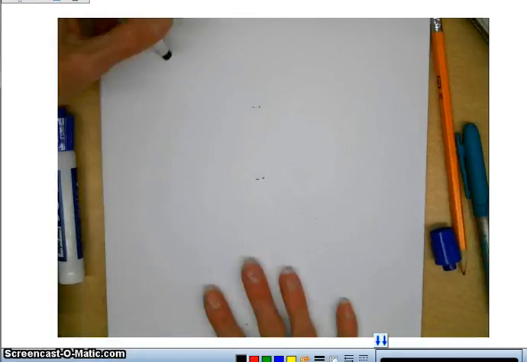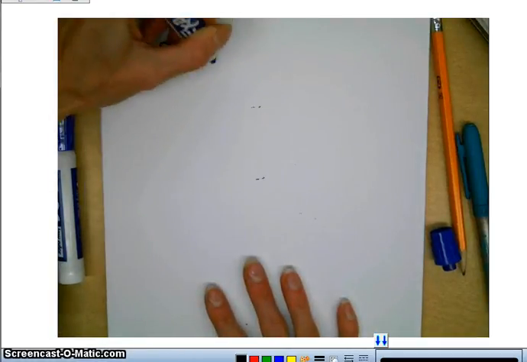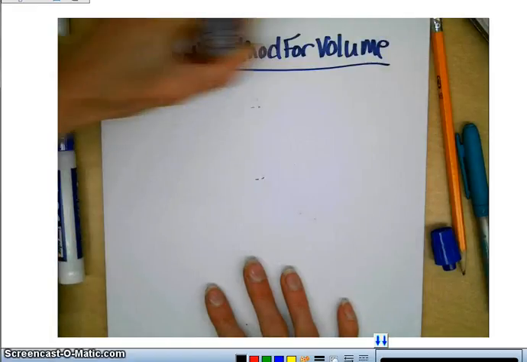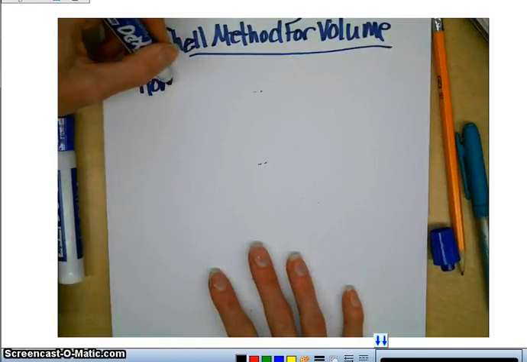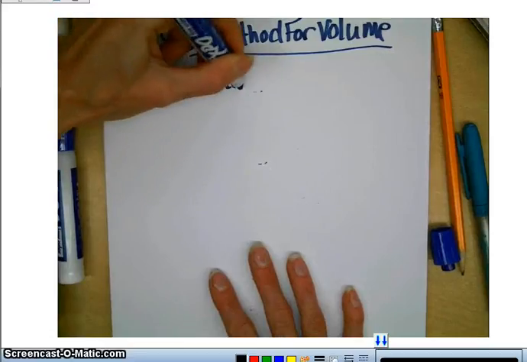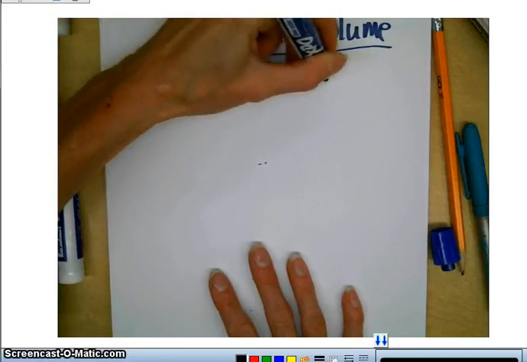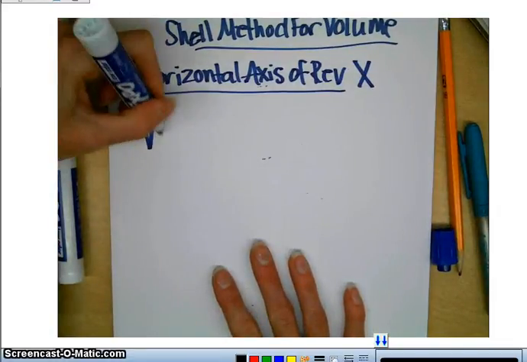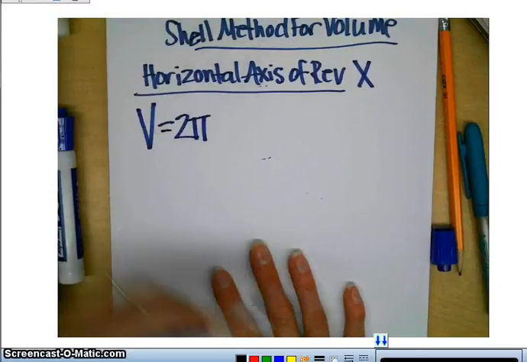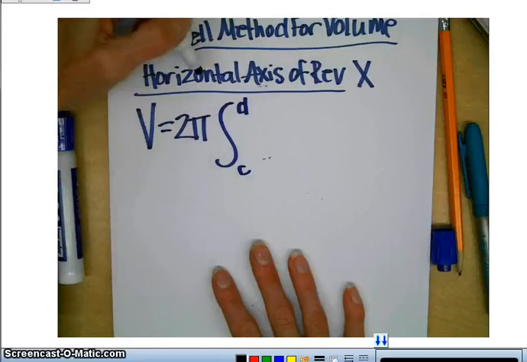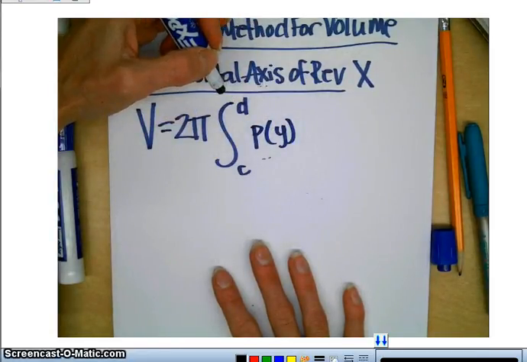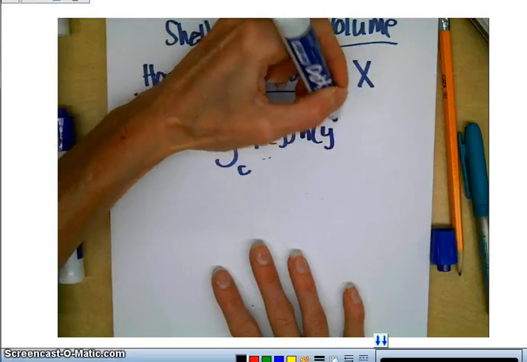So the formula is the shell method for volume if we have a horizontal axis of revolution, in other words, x-axis, our volume is equal to 2 pi times the integral from c to d of p of y times h of y dy.